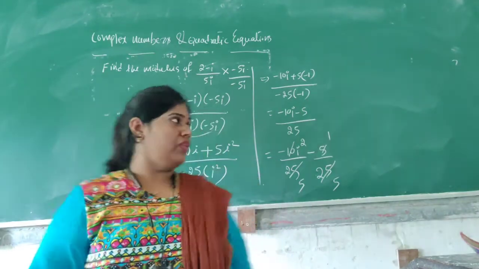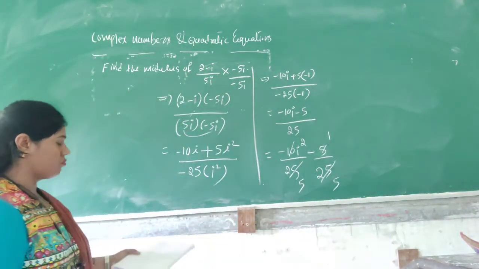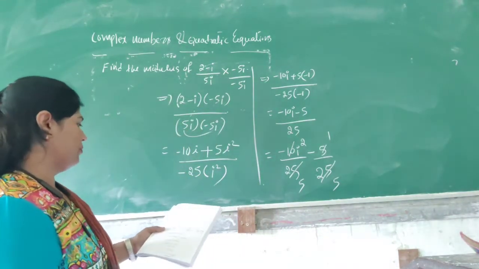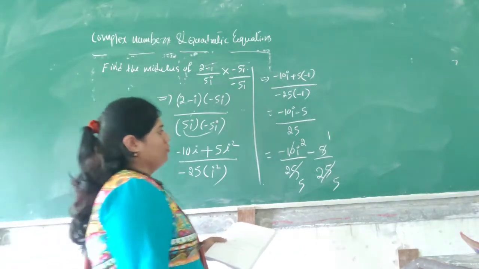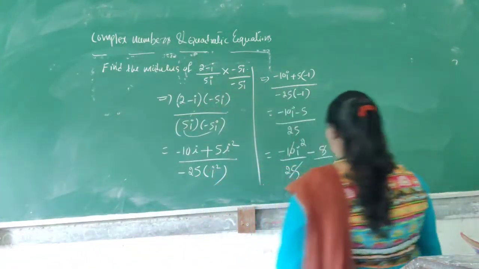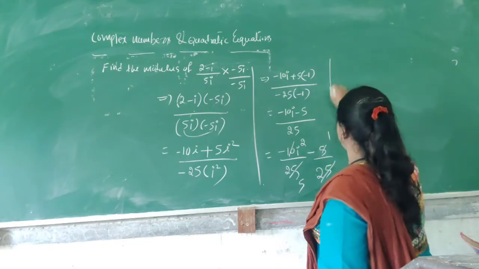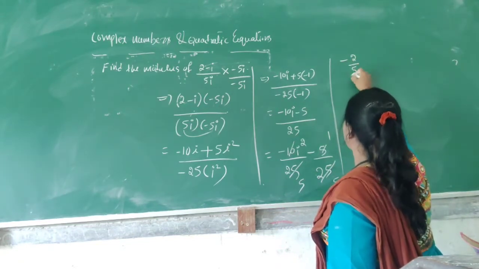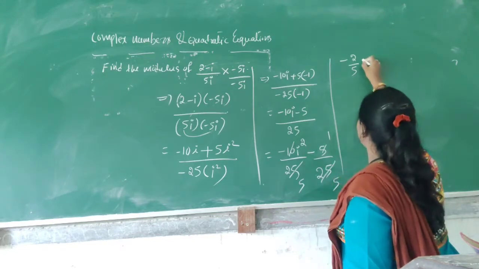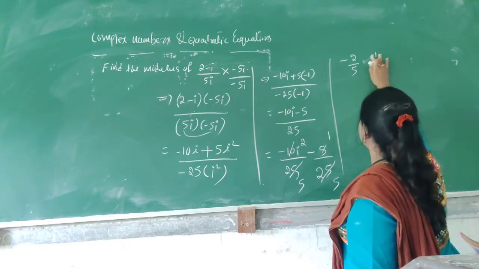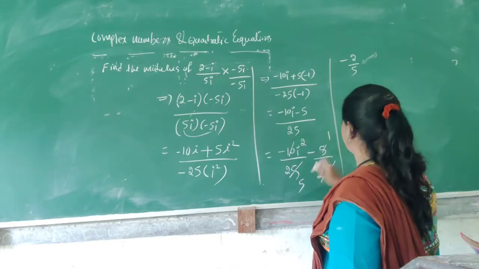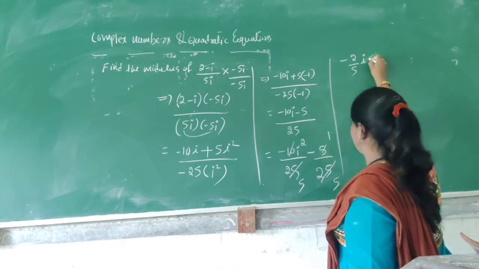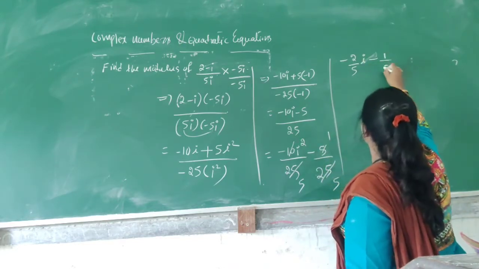Are you following now? So what is the simplification here? Minus 2 divided by 5, with i there, so minus 2 by 5 i, and minus 1 divided by 5.